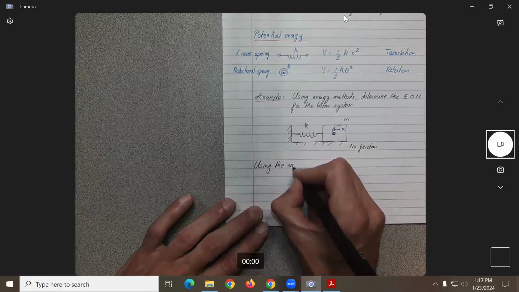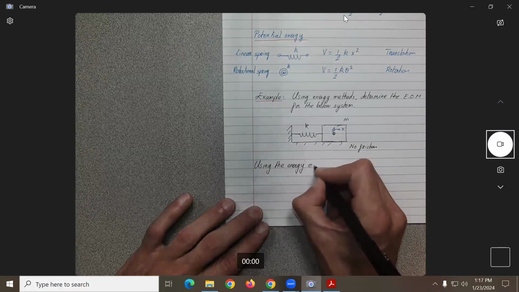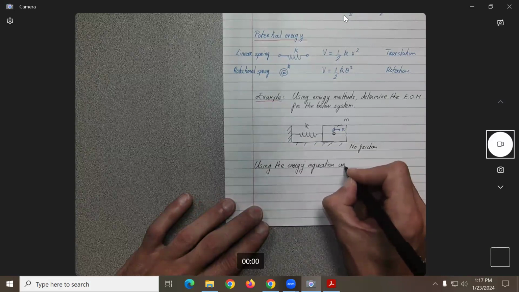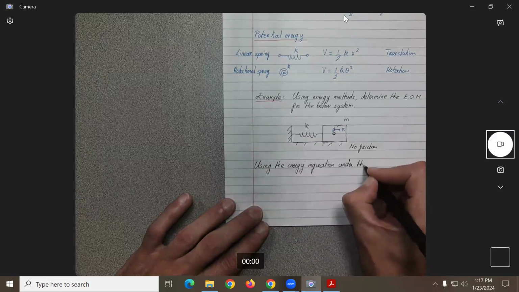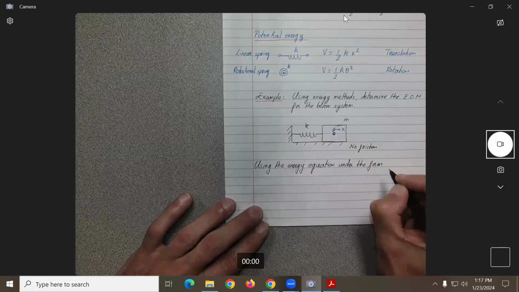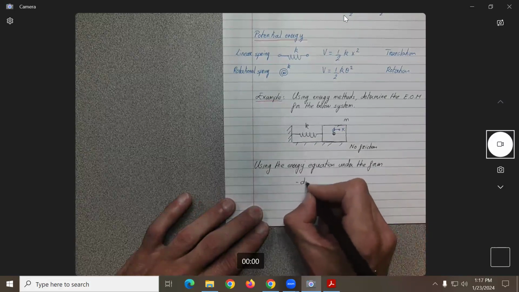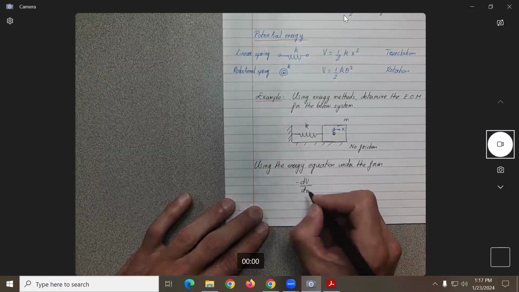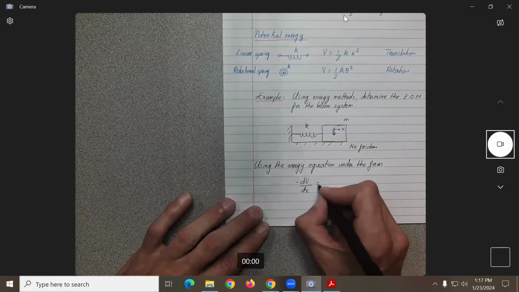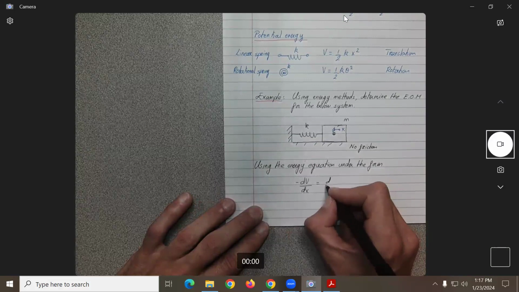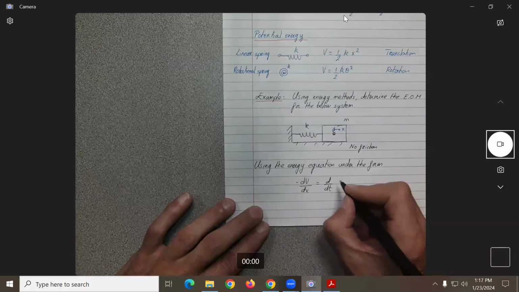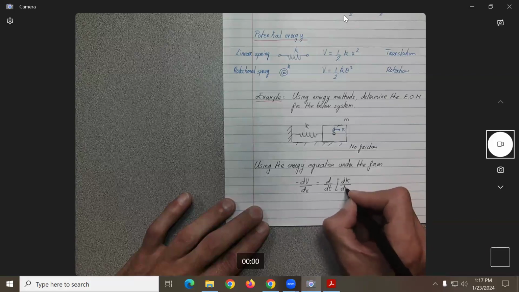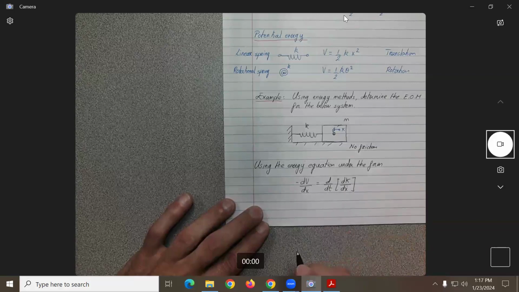Okay? Okay, so let's say using the energy equation under the form minus dV/dx equal to d/dt of dK/dx dot.